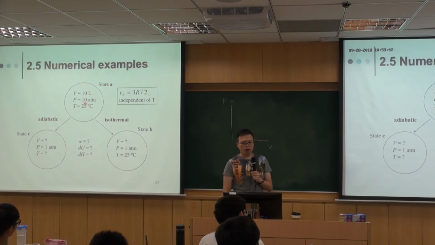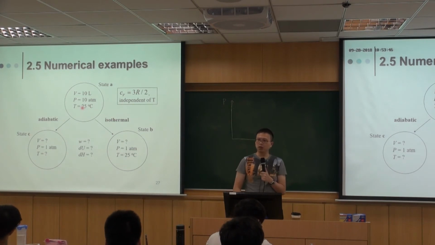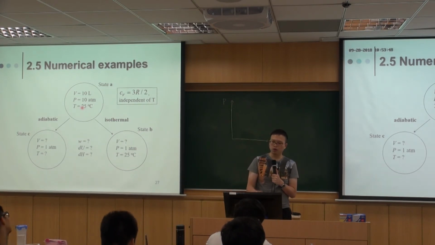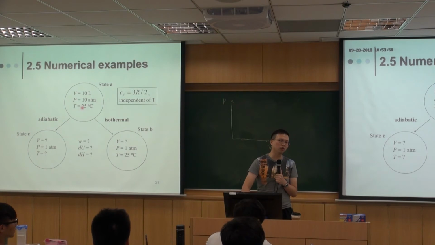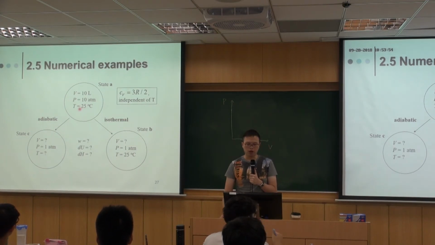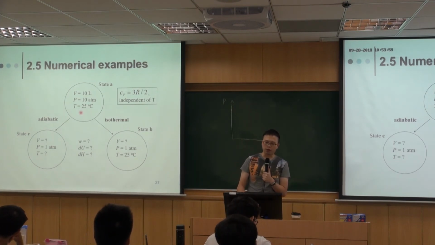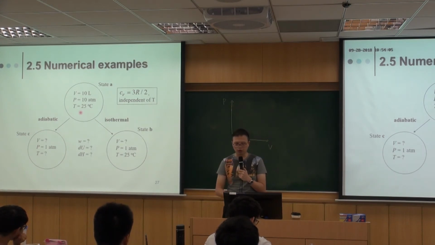And for temperature, don't use Celsius. Every time you see a temperature, remember to convert it into the Kelvin scale. Here you have 25 degrees Celsius. That can be converted to how much? 298 Kelvin, or you can use 300 Kelvin.